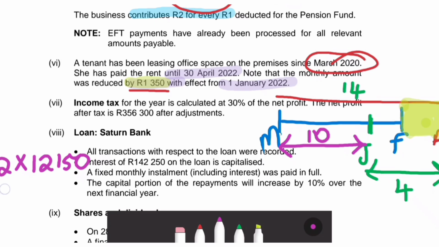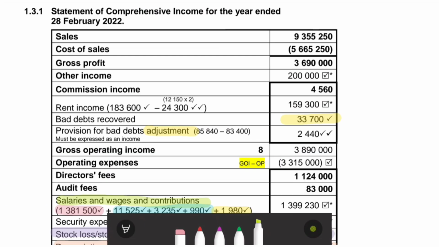That will give us a total of 24,300. If we have a look at our answer booklet, there we have it, rent income. This is the amount that we had recorded from our balances. And this is the March, April rental income that we received.